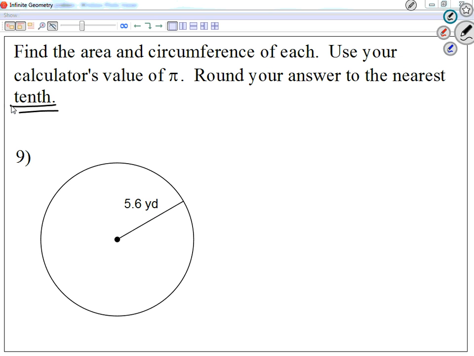So, I know my radius is 5.6. For the area, I'm going to go 5.6 squared times pi. Once again, I'm using the number pi from the calculator. So I go 5.6 times 5.6, times pi, and if you don't have pi, use 3.14.